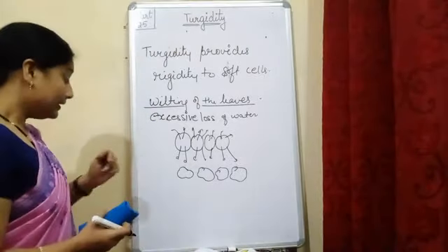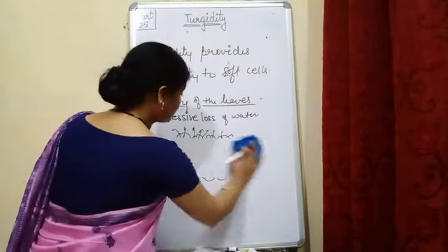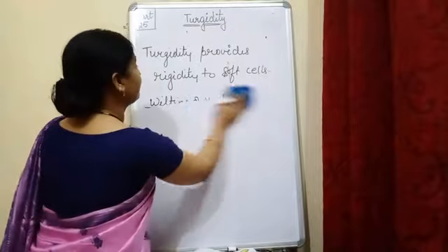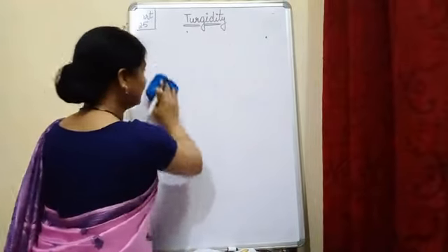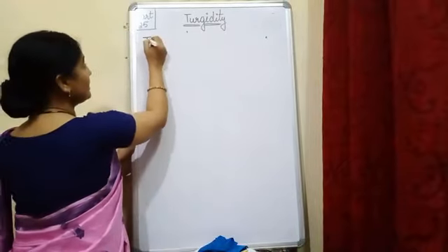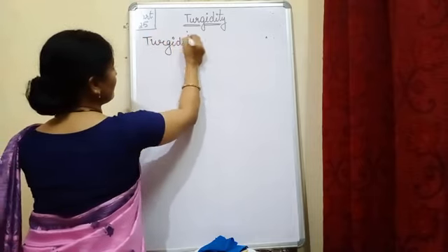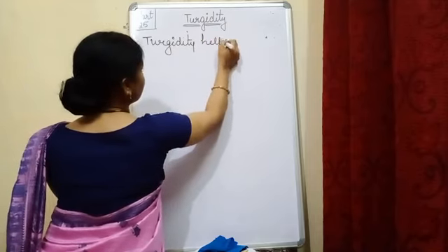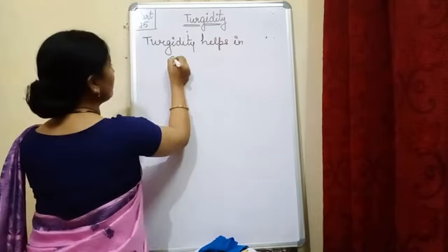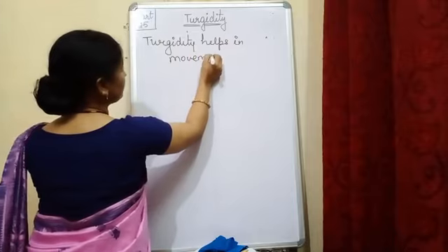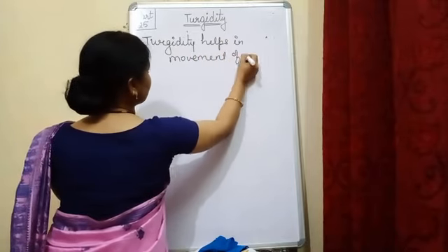Now next, turgidity regulates movement of cells. One more significance, that is turgidity helps in movement of cells.